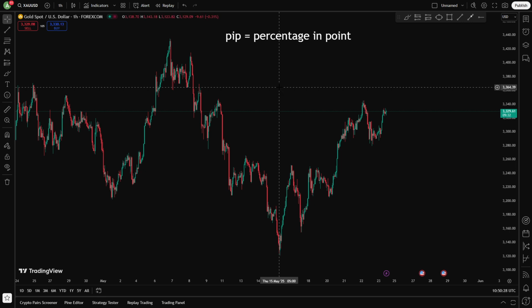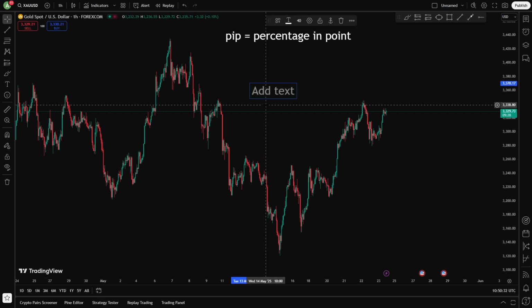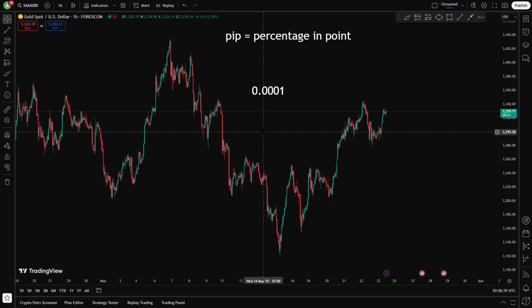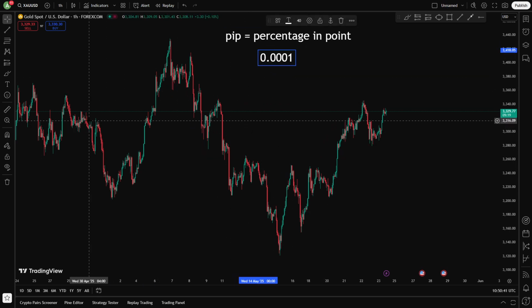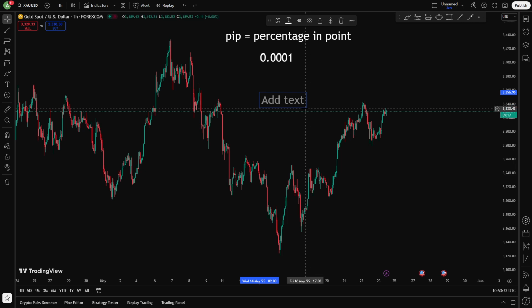In most pairs like Euro USD, 1 pip is exactly 0.0001. So if price moves from 1.10502 to 1.1060, that is 10 pips.